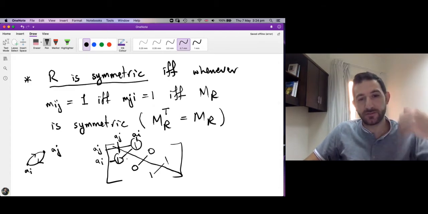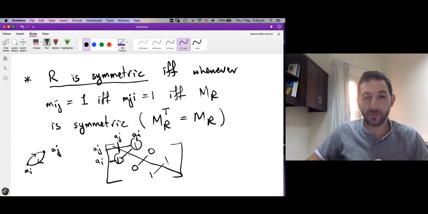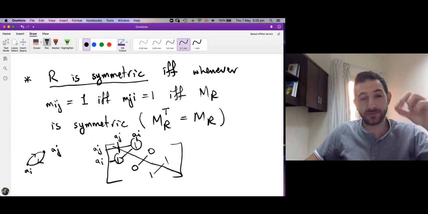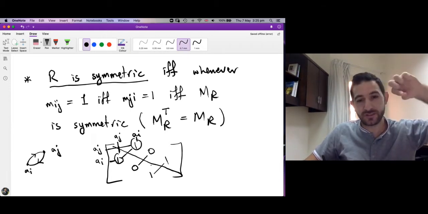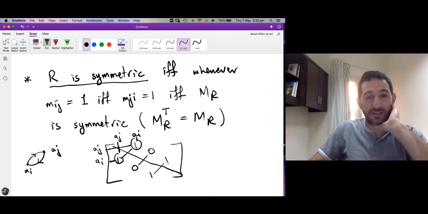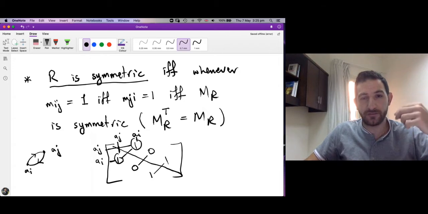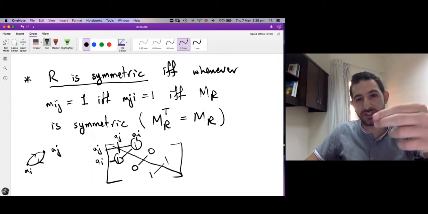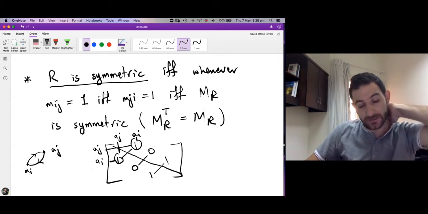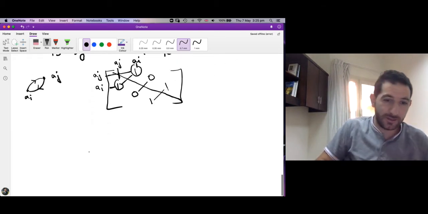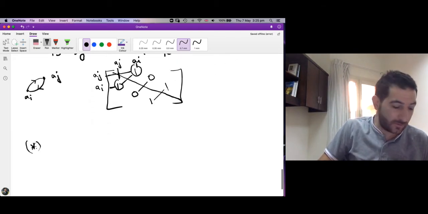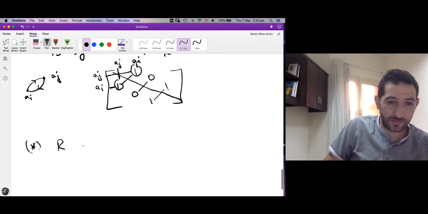Whenever you have 1, its mirror image is 1, and whenever you have 0, its mirror image is 0. Otherwise, if you have 1 and its mirror image is 0, then we have an arrow and we don't have the reverse arrow. But this violates symmetry of a relation. A relation is symmetric if whenever Ai is related to Aj, then Aj is related to Ai as well. Okay, and finally, let me say what is the form of R being antisymmetric.